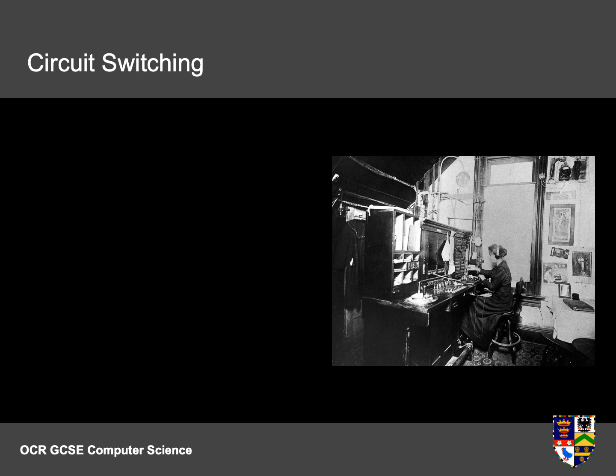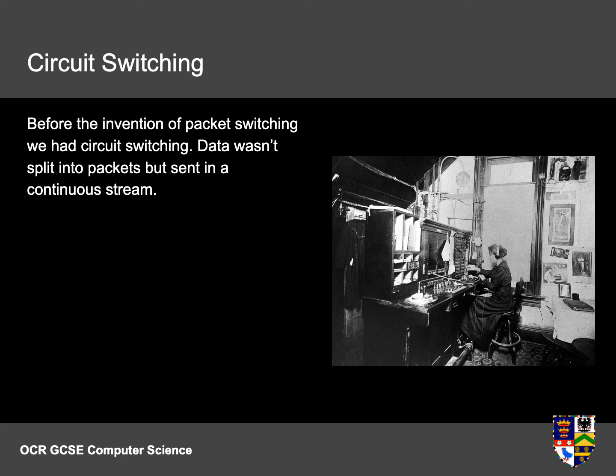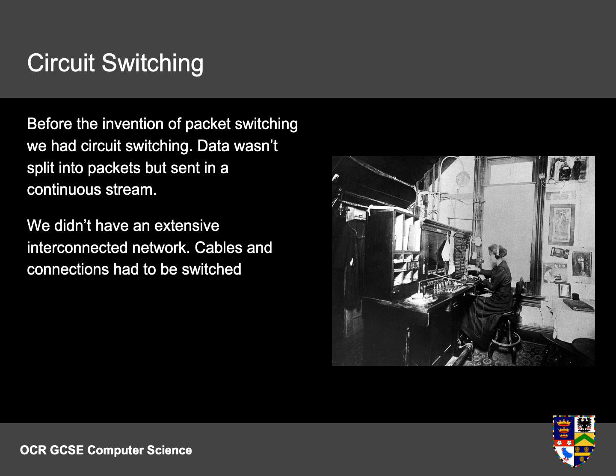You had to have a dedicated line to communicate with another particular person. And obviously data wasn't split up and sent on different routes because you just had one dedicated line. Now, because we didn't have a dedicated sort of extensive interconnected network, they had to be switched manually.